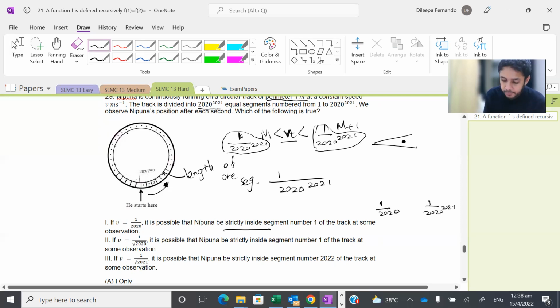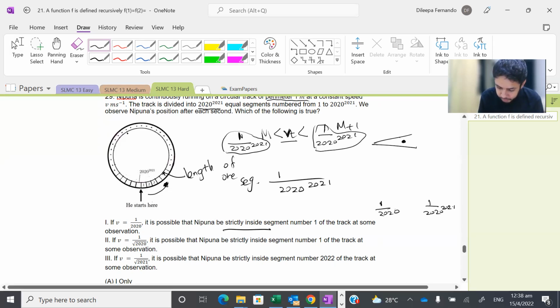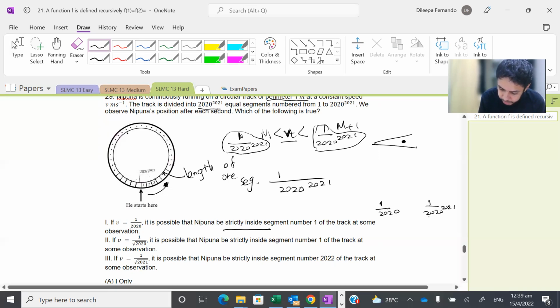And suppose we choose the segment number, choose this segment.